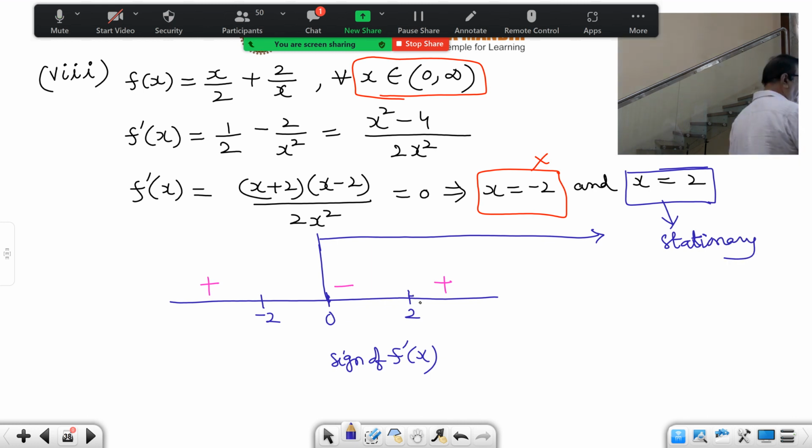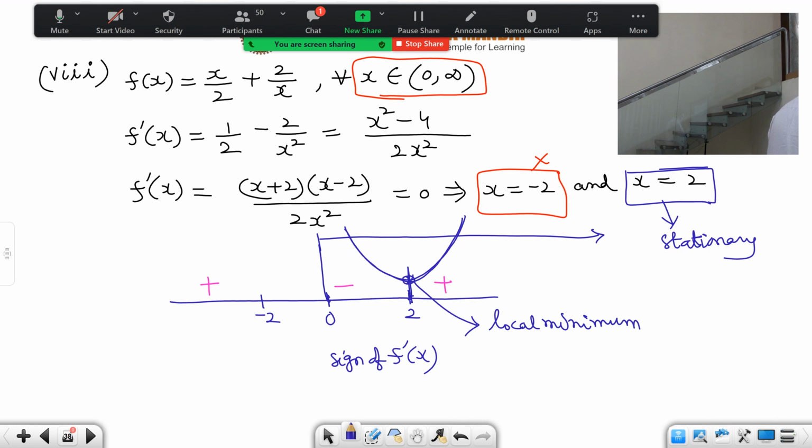Before 2, f dash x is negative, means the curve is coming down, the function is decreasing. After 2 the derivative is positive, means the curve is increasing. Therefore x equal to 2 is a point of, Kunal, what? Local maximum or local minimum? Sir, local minimum. Yes, first decreasing and then increasing. So x equal to 2 is a point of local minimum.